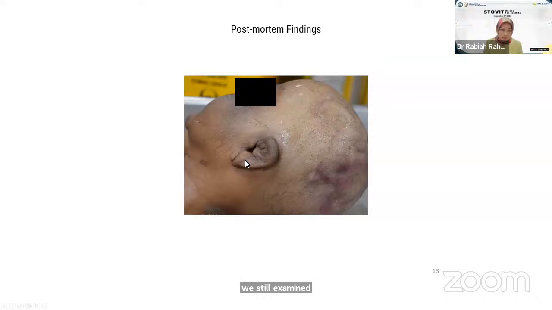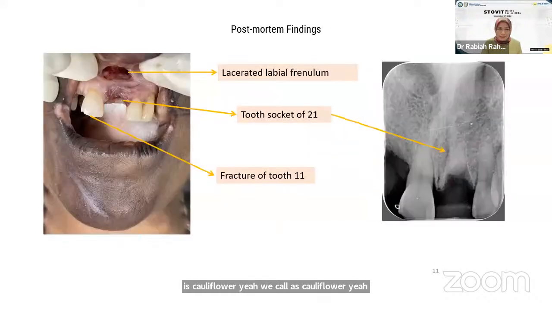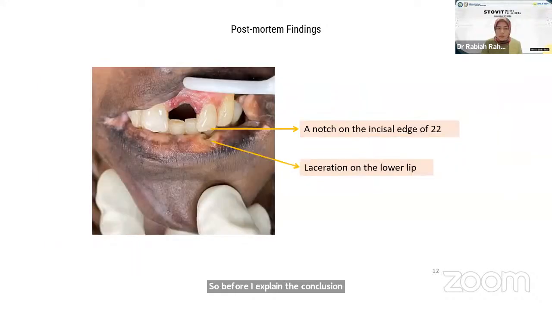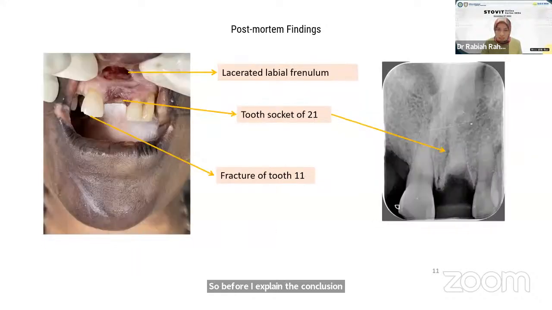This is cauliflower ear. Before I explain the conclusion, why is all this important, and how do we come to a conclusion? This is when we use all our dental knowledge, all that we have been taught.